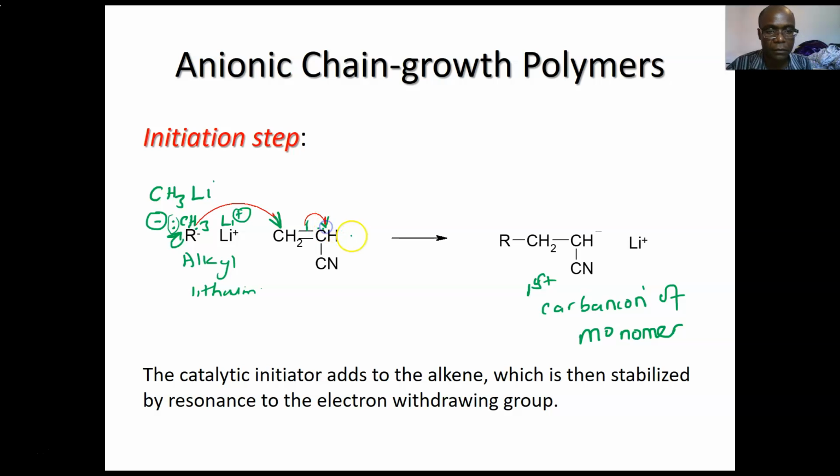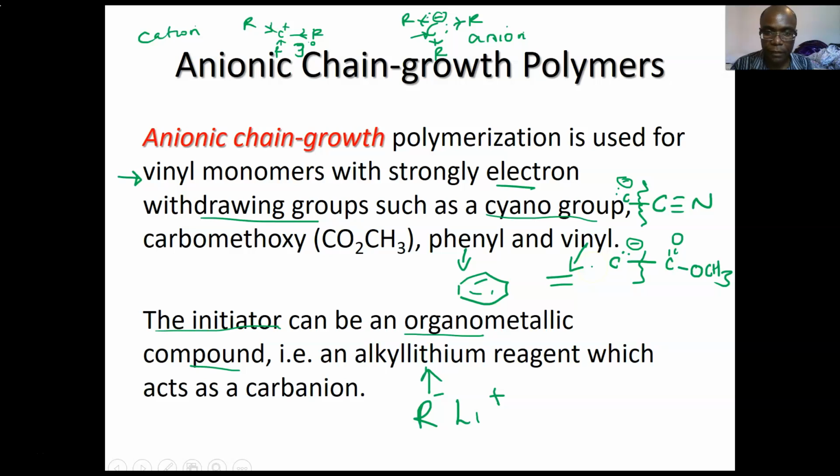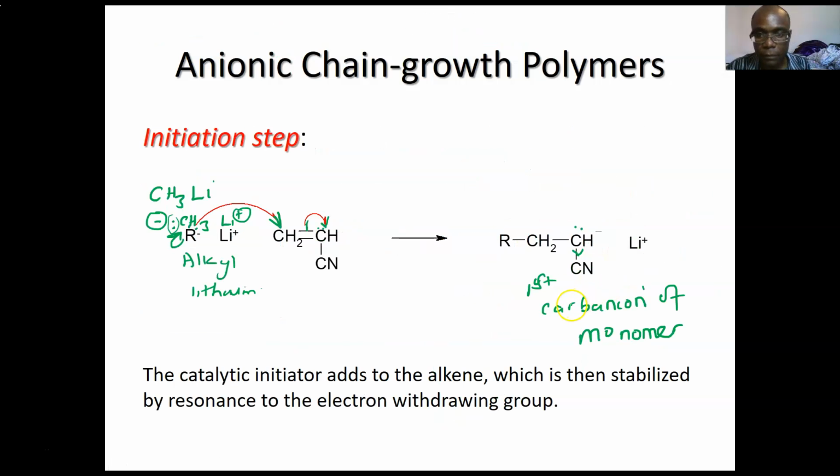Okay, these are not fish hooks, they're double arrows. So you have a lone pair there. Now this lone pair can be sucked in by the cyano group. So this is the cyano. So we need electron withdrawing groups. And then this can be used to attack another monomer like this, and the chain will go.